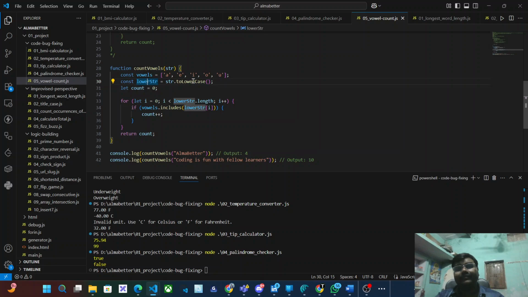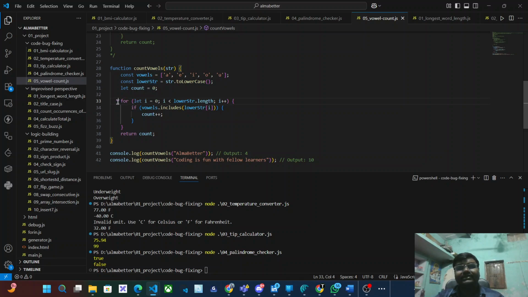lowerStr means we take the string passed as an argument, convert it into lowercase and store it in lowerStr. We are using the count variable to count the number of vowels.